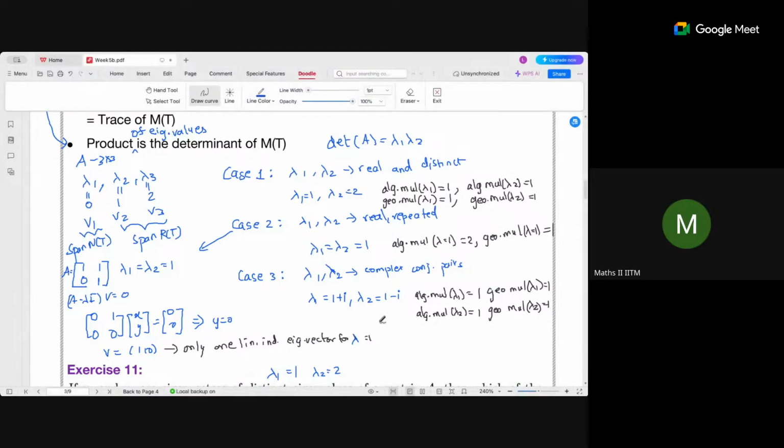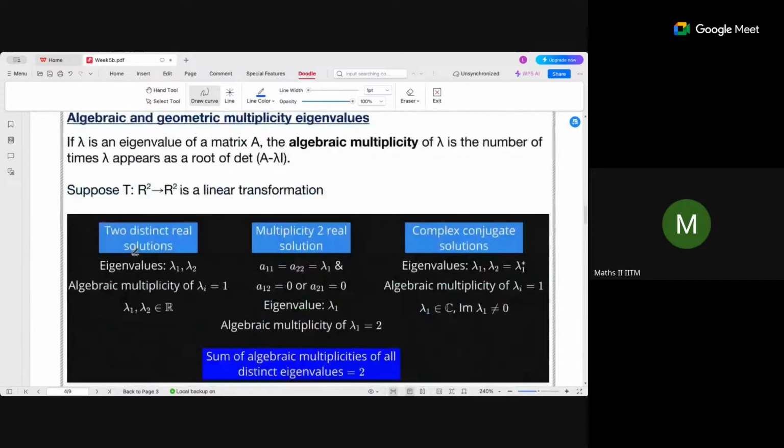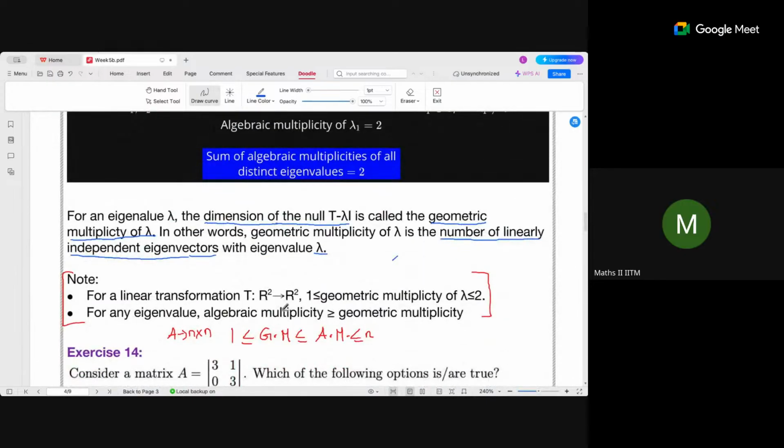In that case, you can have only one linearly independent eigenvector. So the geometric multiplicity is bounded by the algebraic multiplicity. You cannot have more eigenvectors than the number of times the eigenvalue is repeated. So for example, here the eigenvalue is repeating twice, so your geometric multiplicity cannot exceed the algebraic multiplicity.